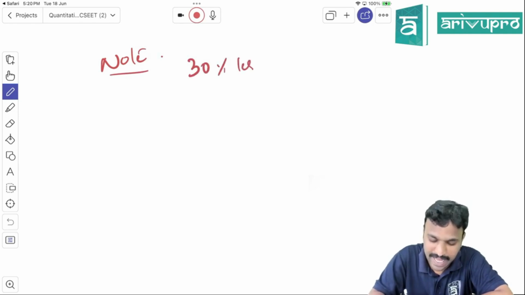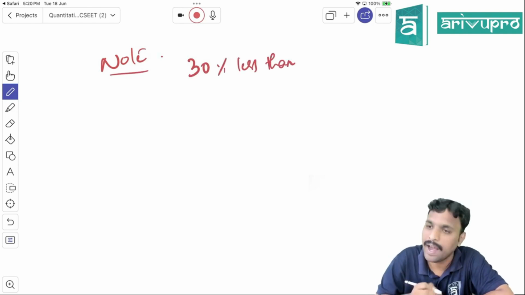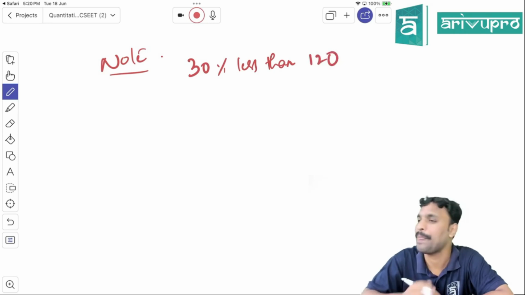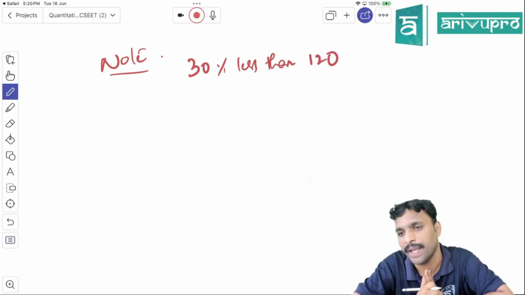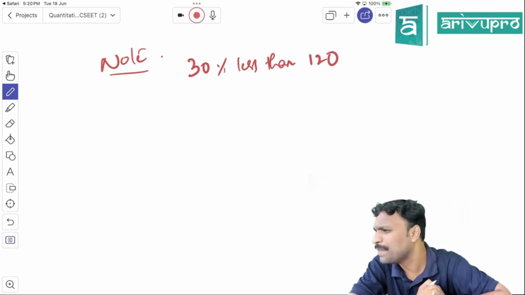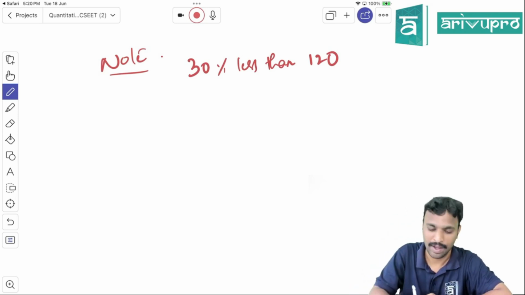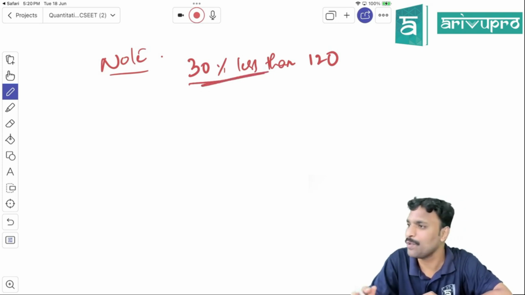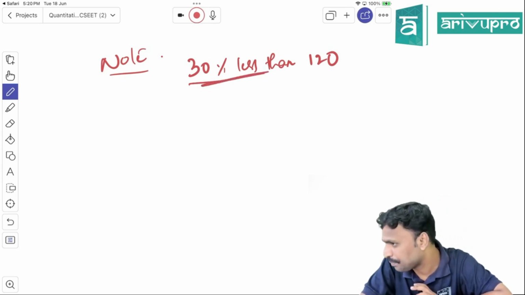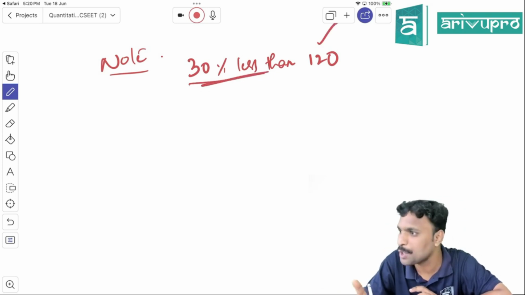30% less than 120. See, 30% less than or any percent less than a number means what you have to do? 120 you have to assume as 100%. A number you have to assume as 100%. 30% less means 70%.